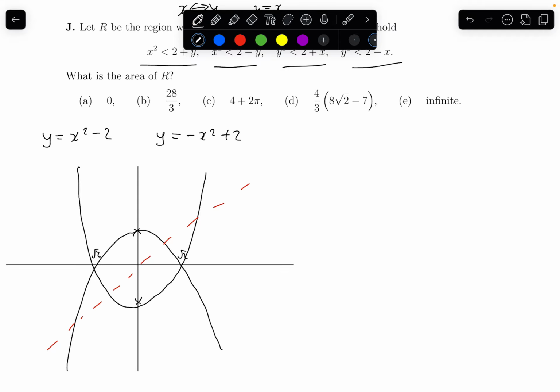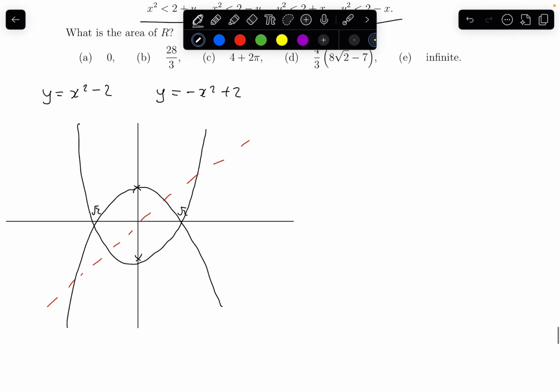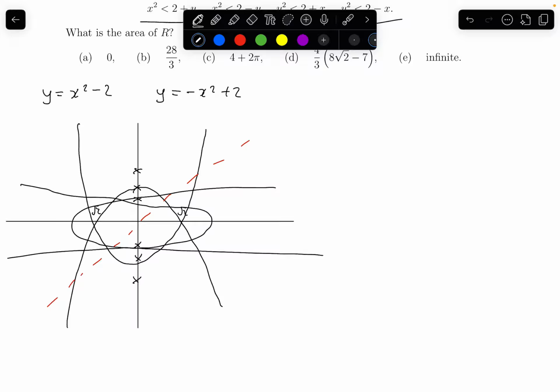So we can just draw these two by doing the reflection in the line y equals x. No, root 2, so it's going to be smaller, like this, and then something like this. I'm sorry about that horrific drawing, but this is 2, and this is minus 2, and this is root 2, and this is minus root 2.